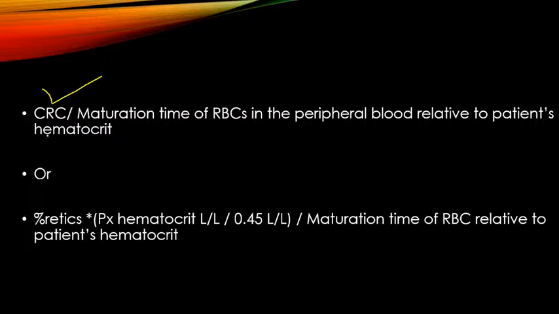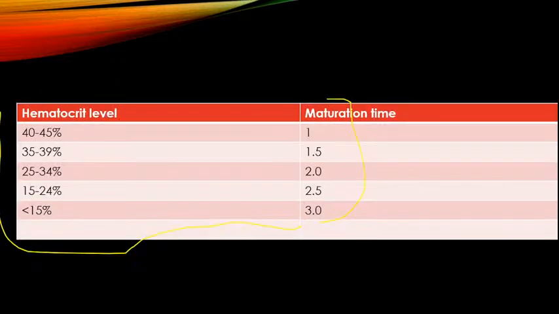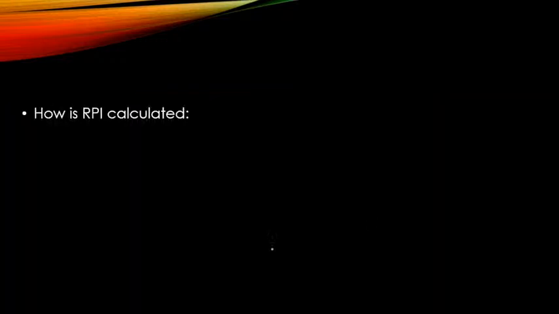You need to compute for the patient hematocrit, and you need to compute for the maturation time for RBCs in the peripheral blood relative to the patient's hematocrit. So where do I get that one? You need to go back to this table. Okay? So I'll give you guys a practice question similar to this one, and you're going to answer it later on at the end of our lecture. Don't worry. Last topic.